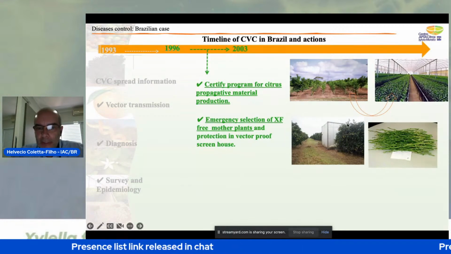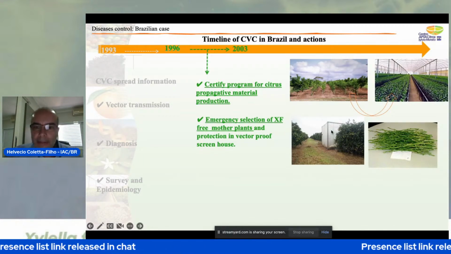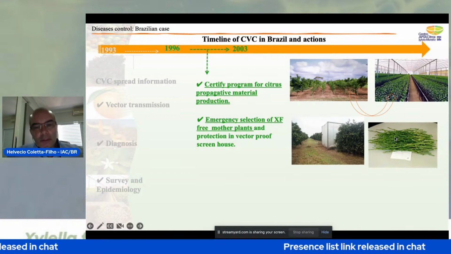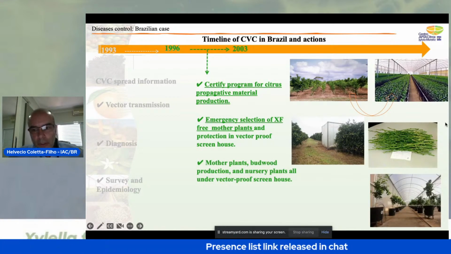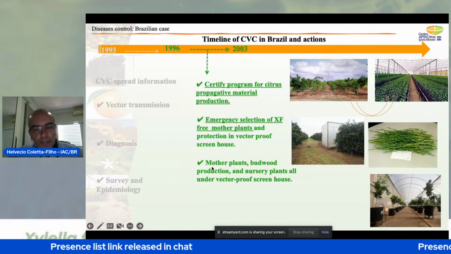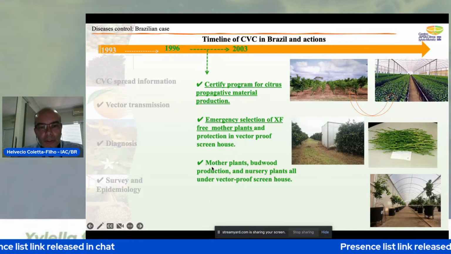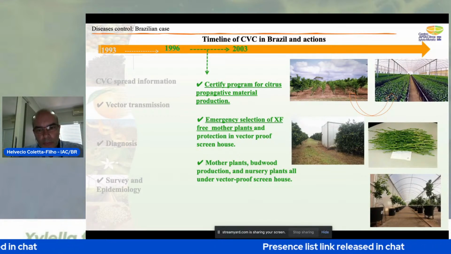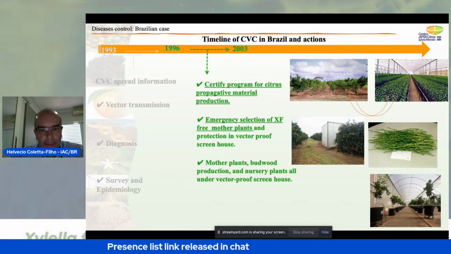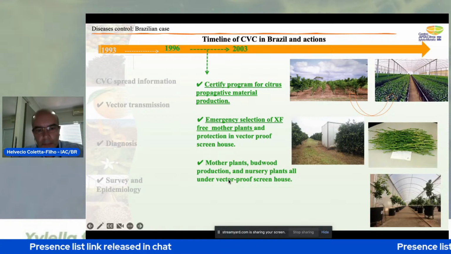If the plant was negative, you protected it to take these shoots. This budwood was then used to establish mother plants in the greenhouse, which were the source of buds for the nursery plants.